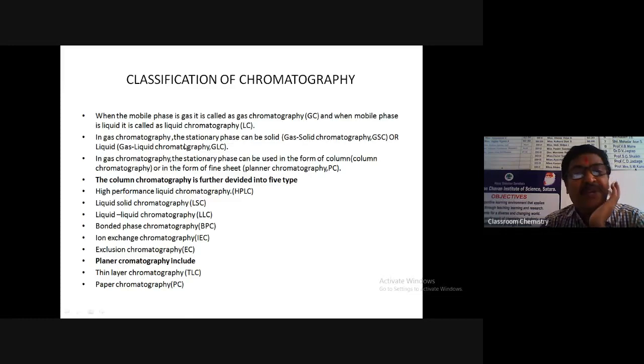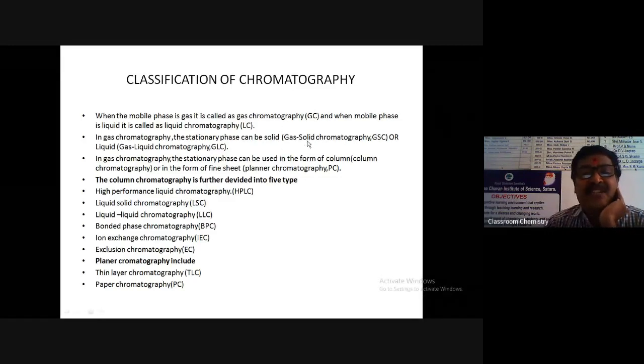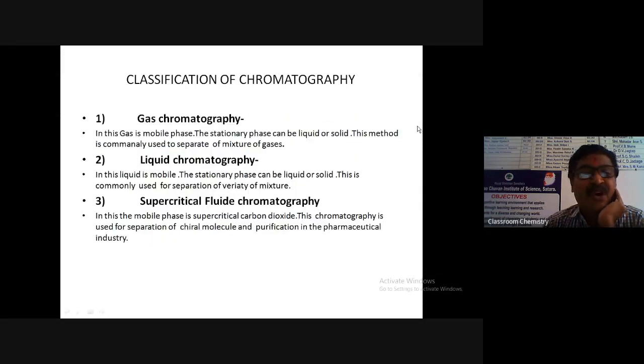In gas chromatography, the stationary phase can be solid. Then that type of chromatography is known as gas-solid chromatography, because in this, gas is the mobile phase and solid is the stationary phase.